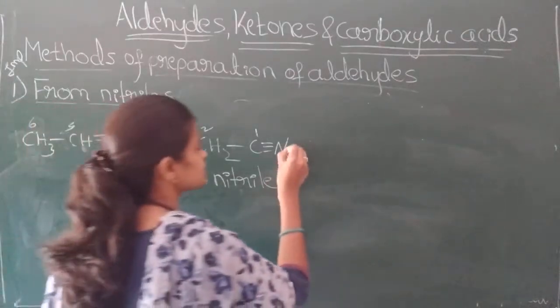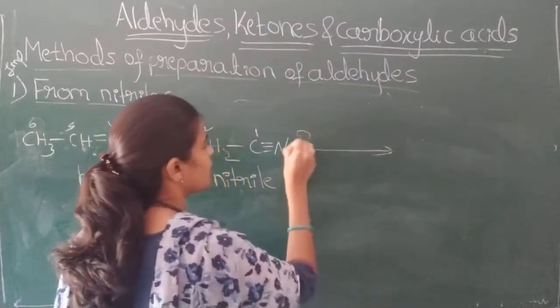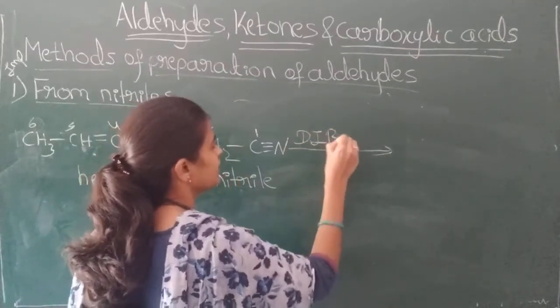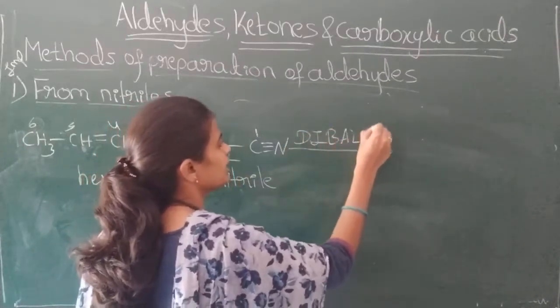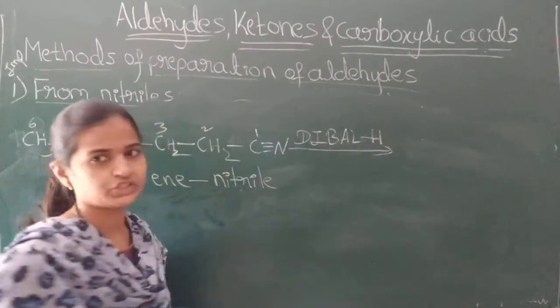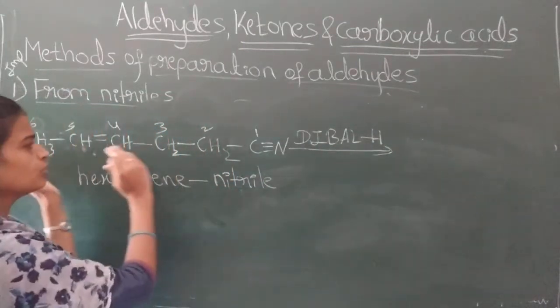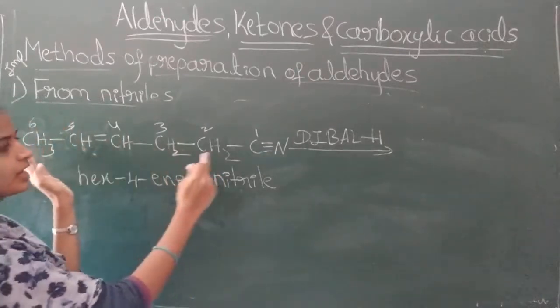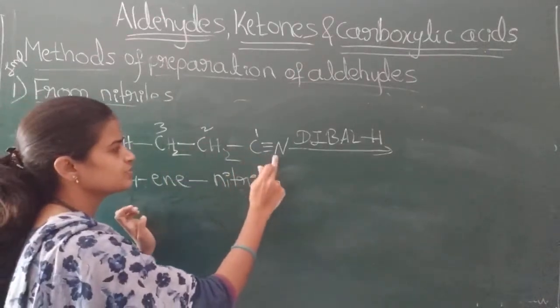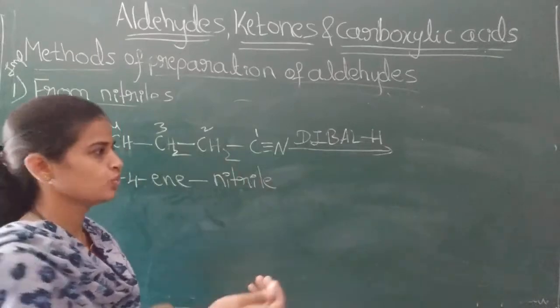When it is treated with DIBAL-H, a reducing agent, there will be no change on any of the carbon atoms. Only the C triple bond N converts into CHO.